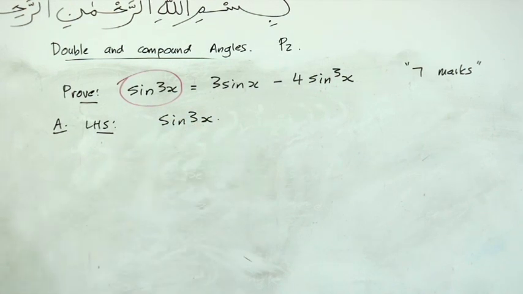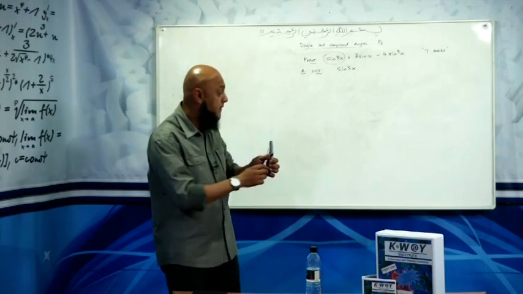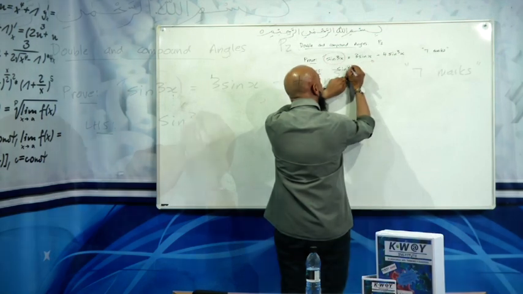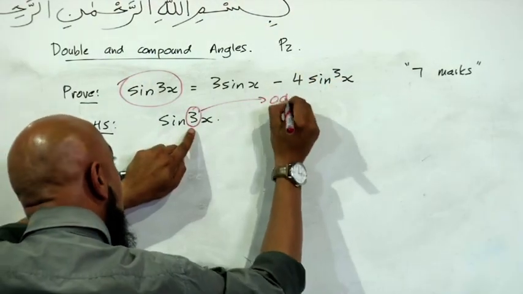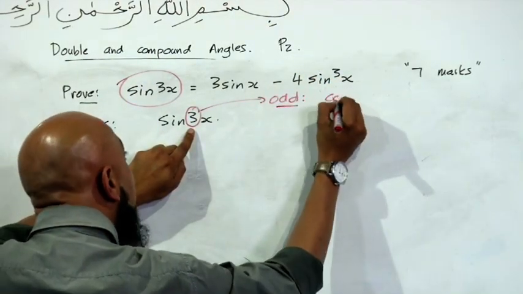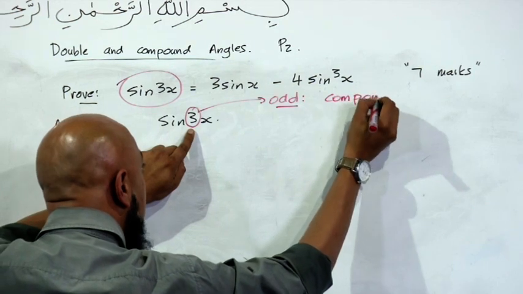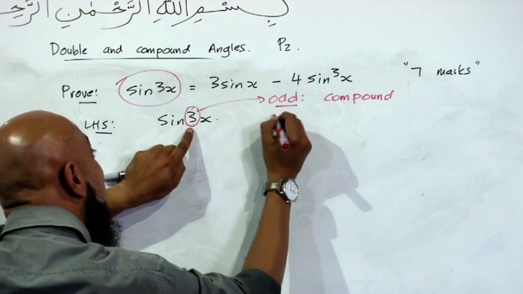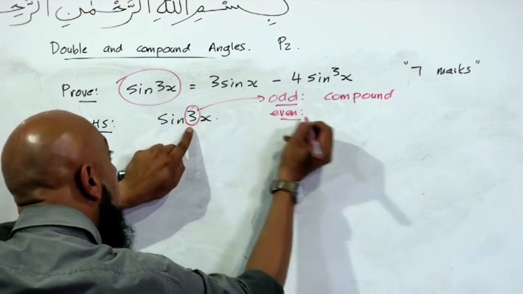Now, I want you to remember something. I don't know whether your teachers have showed you this in school or they haven't. Sine 3x. When you see an odd number, you break it up into compound. If this was 4 or 6 or 8, if this was an even number, you will use double.